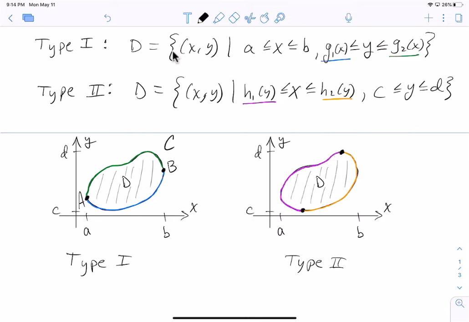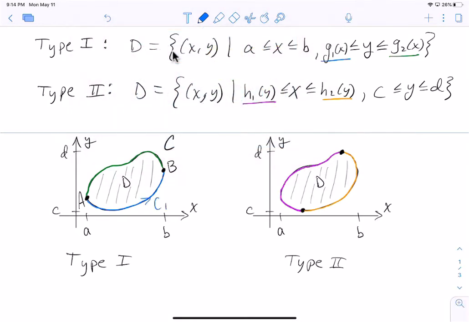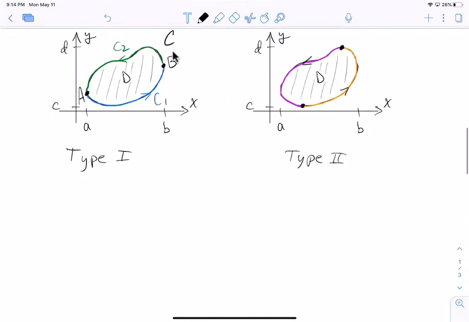Now the boundary curve is C, and we're going to break it up into a C1 and a C2 for the type 1 region on the left. Notice we now have an orientation for the curve C. That's required all around because in the statement of Green's theorem, we need a positively oriented closed curve. And now we'll remind ourselves of what Green's theorem says.